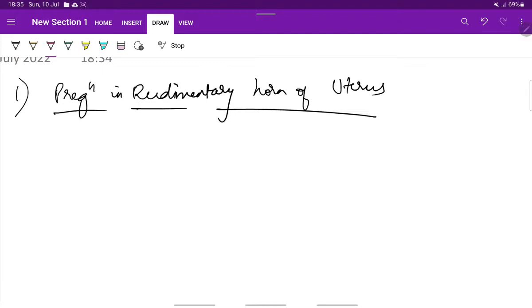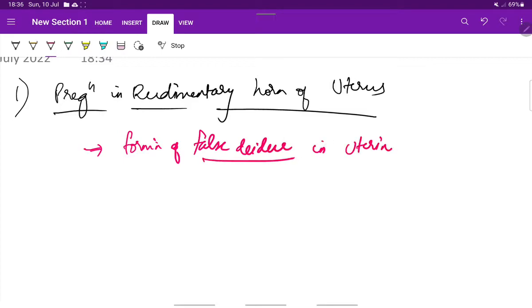So here some of the features of the pregnancy in rudimentary horn of uterus are: there will also be formation of false decidua in the uterine cavity proper.